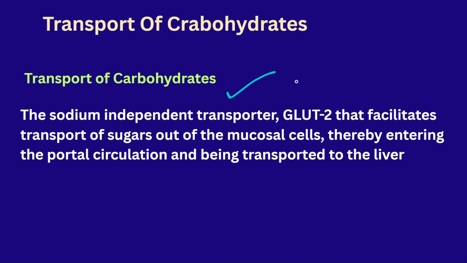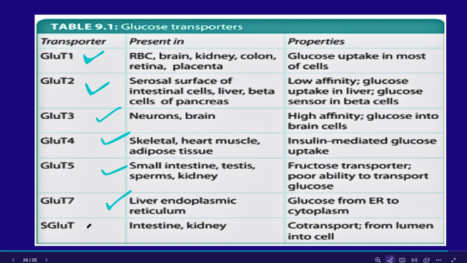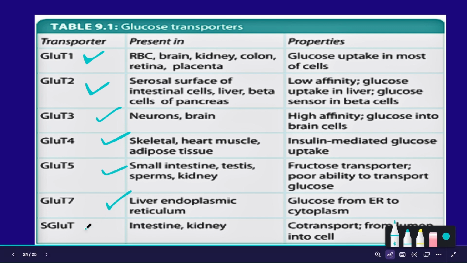That means glucose is circulated in our body. This process is called the transportation of carbohydrates. I will show you the transporters. Transporter 1, 2, 3, 4, 5, 7 and SGLUT. This requires sodium.